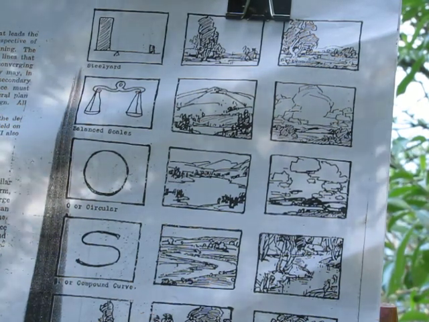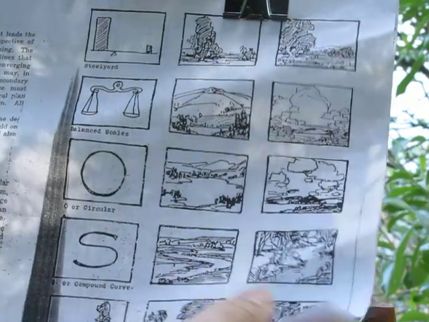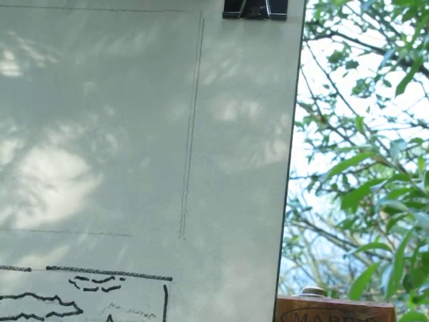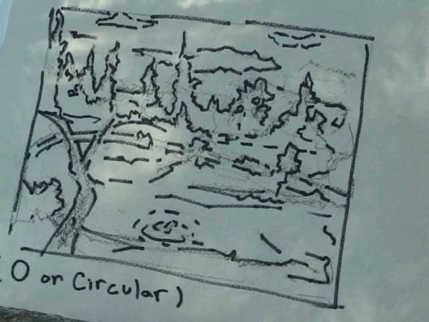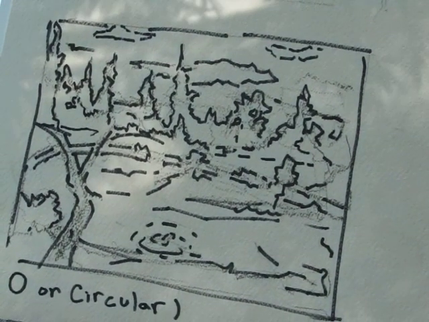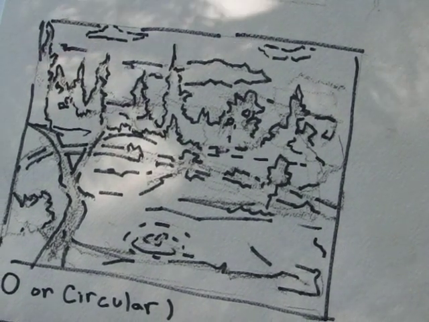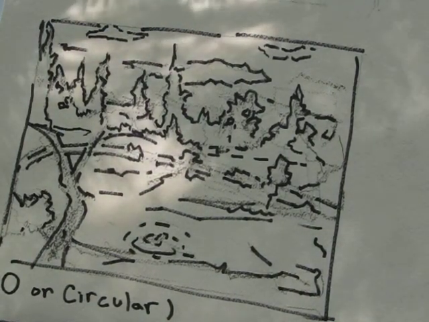So here you can see we have the O, or circular composition, which seemed like a really natural fit for where Charles and I set up our box easels today. So just in the interest of time, I did a really quick little thumbnail sketch down here, just mapping in the basic shapes. And I worked in Sharpie just so you could again see the bigger shapes, but you'll probably just want to work in something like graphite or your mechanical pencil.